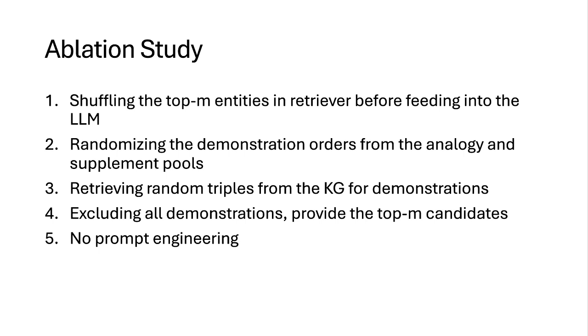Moving on to the ablation study, they did the evaluation study with shuffling the top M entities in the retriever before feeding them into the LLM. The second one is randomizing the demonstration orders from the analogy and supplement pools. The third one is retrieving random triples from the KG for demonstration. The fourth one is excluding all demonstrations and providing the top M candidates with no prompt engineering.